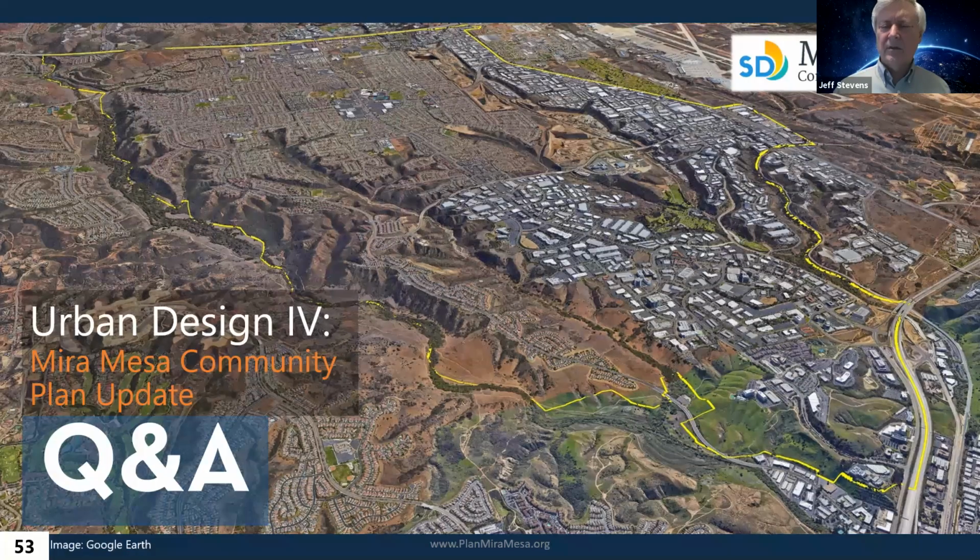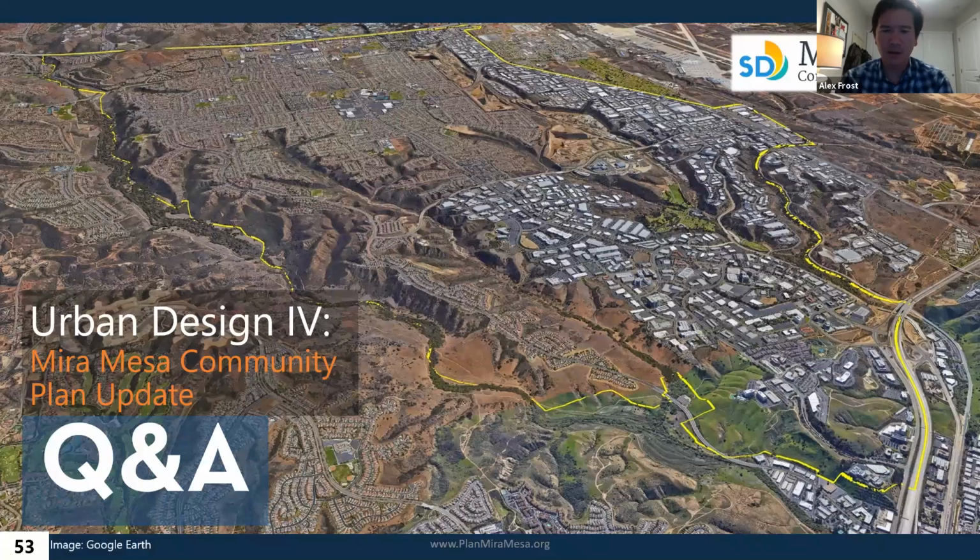So here's one from John Laboth. With most of the jobs on the west end of Mira Mesa, why are we looking so hard at putting so many units on the east end? I think it would be better to move the changes to the west before looking at the east. Yes, so we are looking at introducing potential housing in the west side, Sorrento Mesa Valley, and then in the south east area of Miramar Gateway.